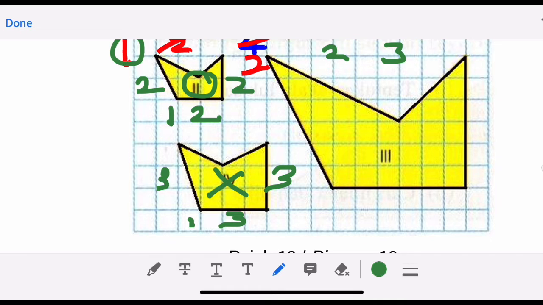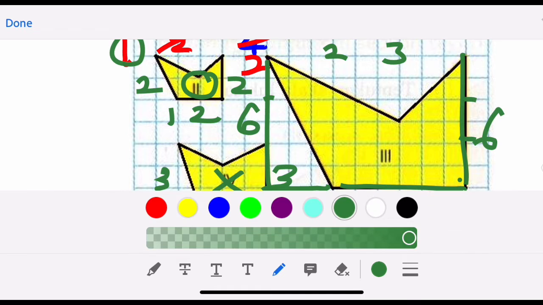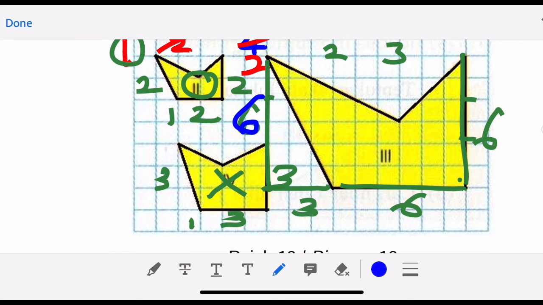Then this one, let's see. This one is 2, 4, 6. So if I'm going to divide by 3.